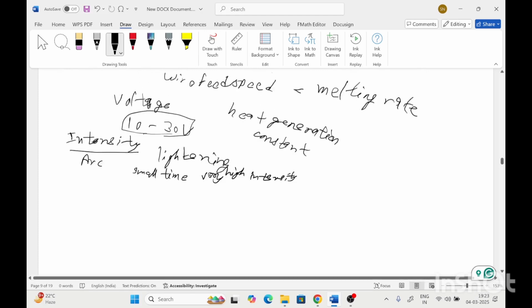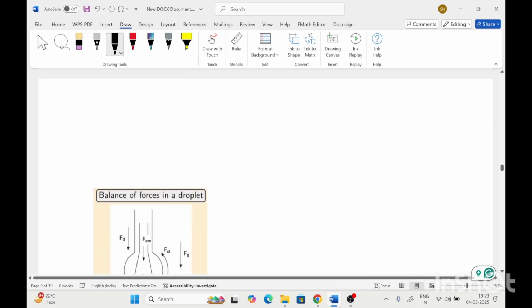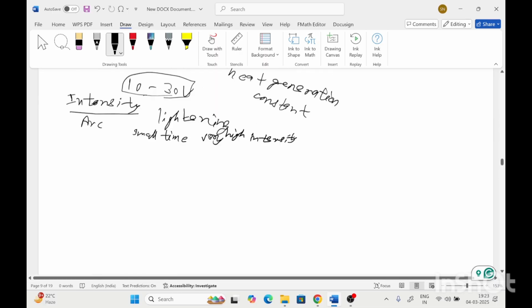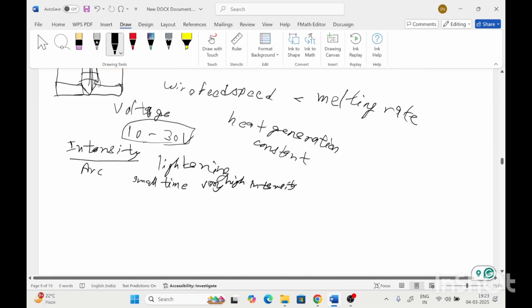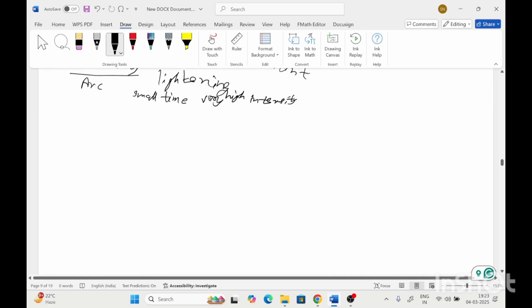So next we will study that we talked about the melting rate. Now, how will that molten wire transfer to the workpiece? The molten metal should also have some criteria to transfer from the electrode to the workpiece, and only then will the welding occur.